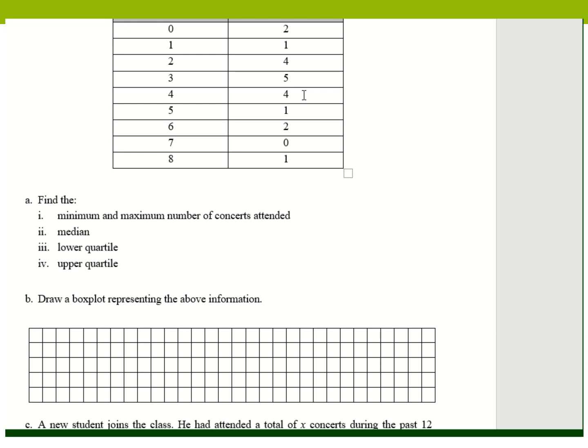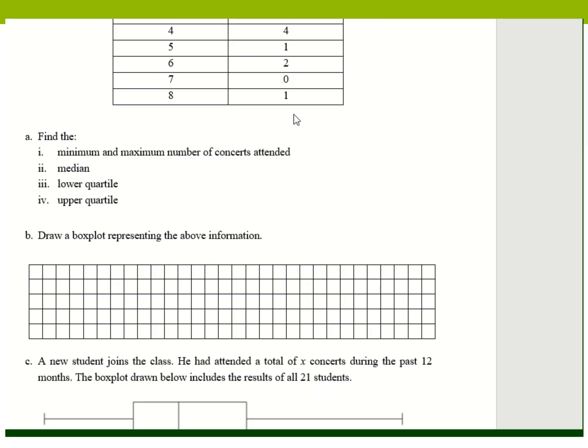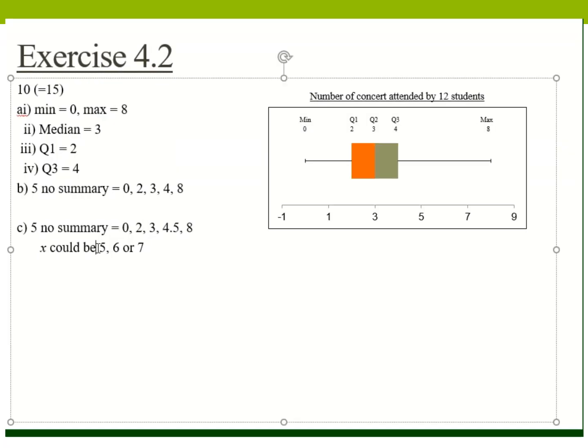The only possible values for the Q3 to change from 4 to 4.5 would be if he attended 5, 6 or 7 concerts. Okay, 5, 6 or 7 concerts would have been the possible reason why your Q3 changed from 4 to 4.5.